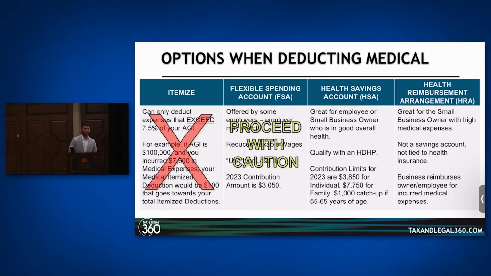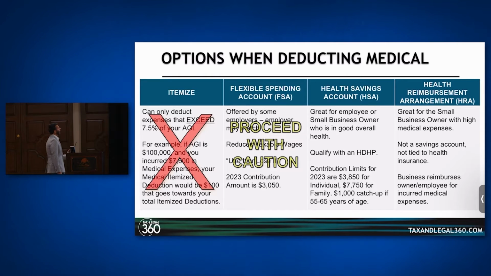The health savings account, I had someone ask me about health savings accounts and if I was going to cover that. Yesterday, actually, Carter put on a whole separate presentation regarding HSAs, but the high-level overview of what the HSA is that this is great for employees as well as small business owners. So you don't have to be a small business owner to take advantage of an HSA.